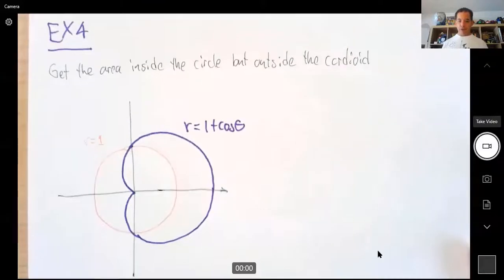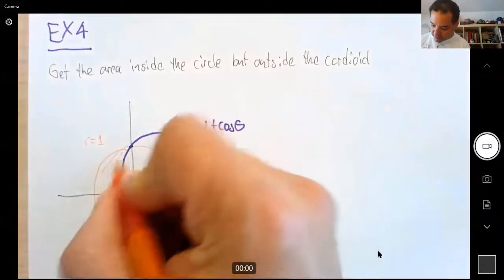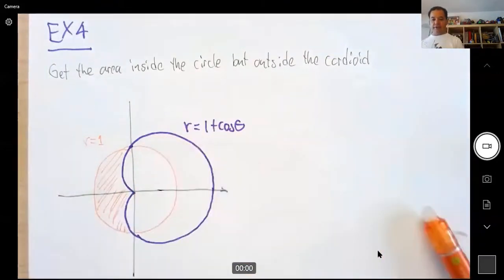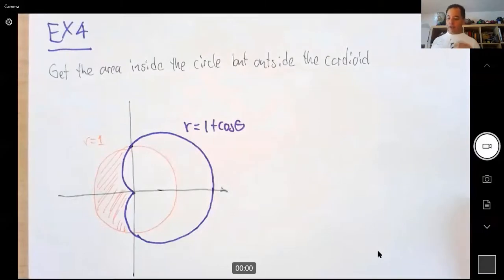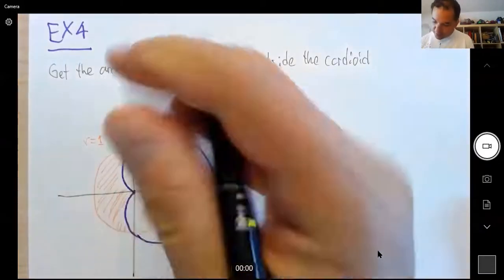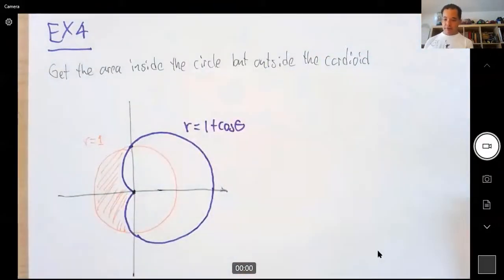So here's my picture. And remember, initially what we want to find is this one: inside the circle and outside the cardioid. So that means we want to integrate. Maybe we only do half of it. Again, we can use the symmetry.